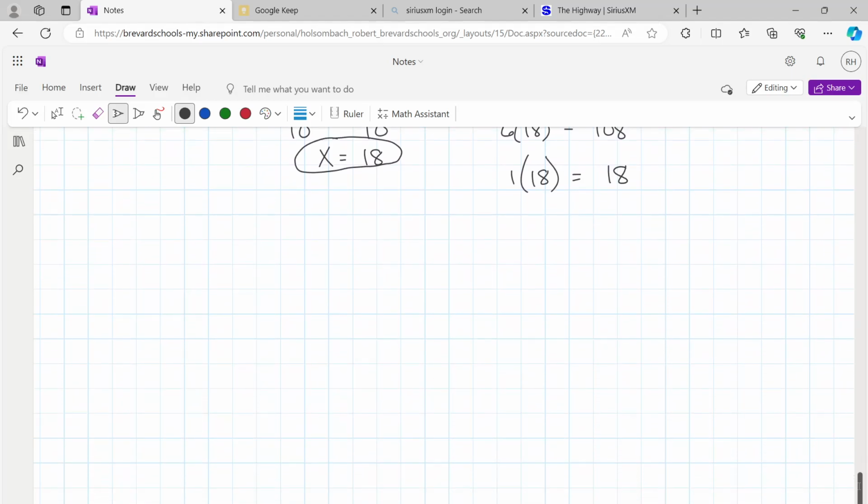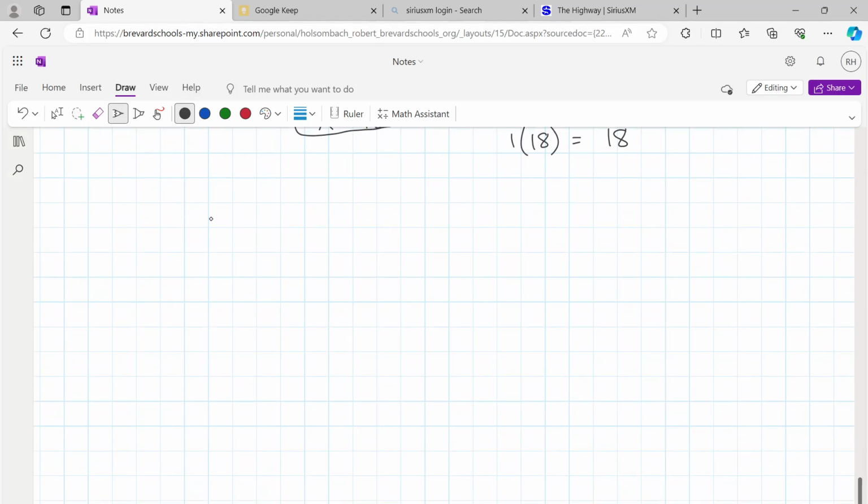let's say they gave you a ratio, let's do a quadrilateral. How many angles does a quadrilateral have? It's got 4, doesn't it? So let's say the ratio is like 1 to 3 to 4 to 5.